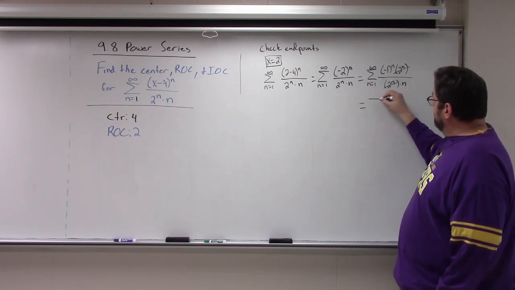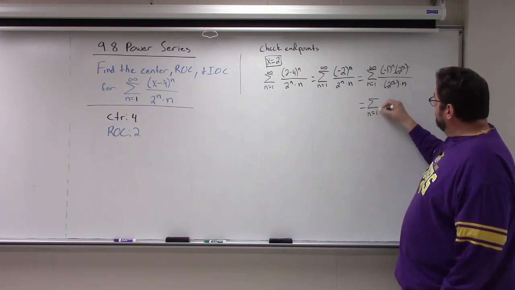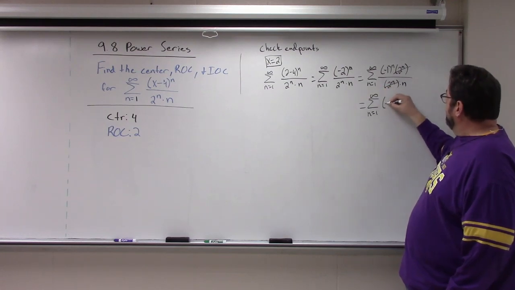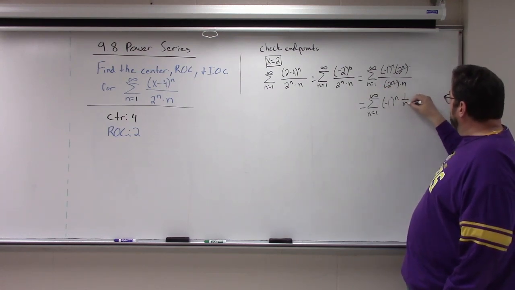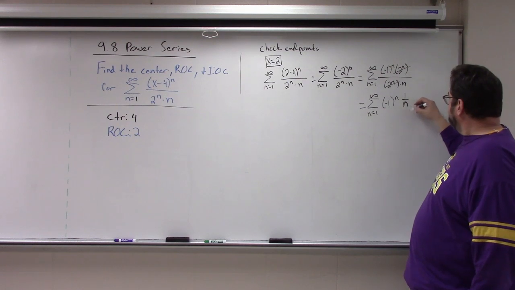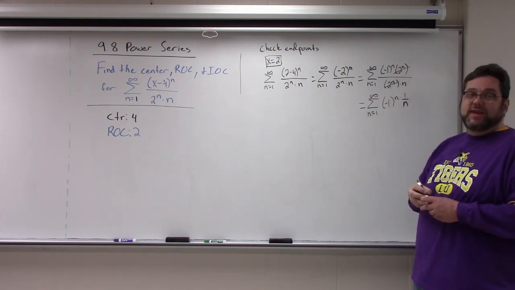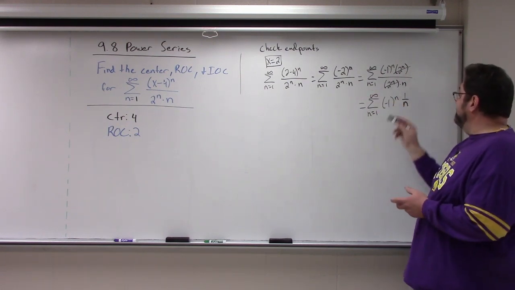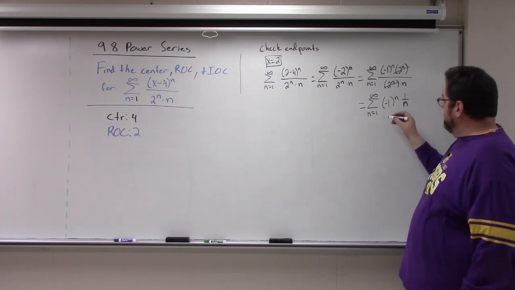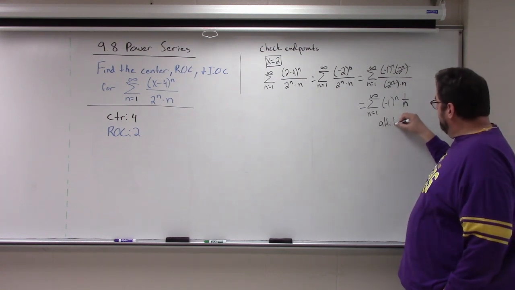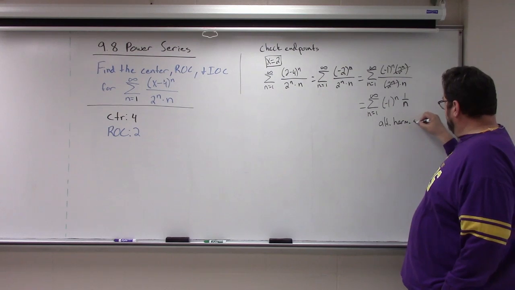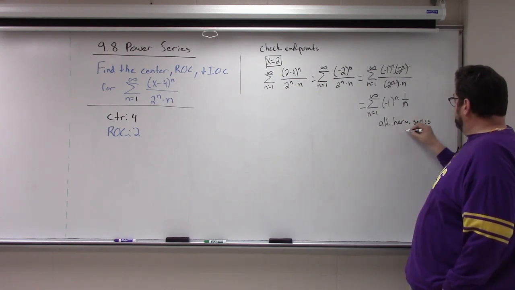And what do we get? We get the sum from n equals 1 to infinity of (-1) to the n times 1 over n. I can take that (-1) to the n out front. What is this? This is the alternating harmonic series, which converges.